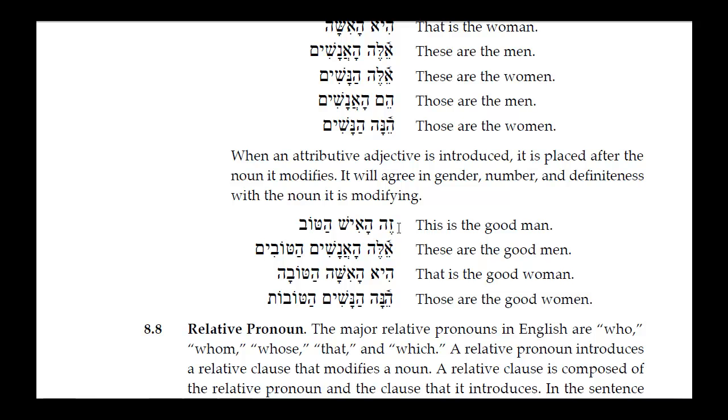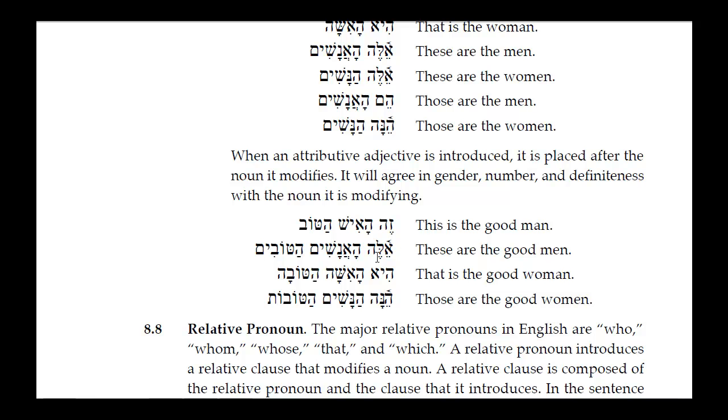Here's an example: zeh ha-ish ha-tov. Zeh is "this is," and ha-ish ha-tov, the good man. This is the good man. One of the keys is to notice that it will normally come at the very beginning, and it will not have a definite article on it. That's how you know it's a demonstrative pronoun.